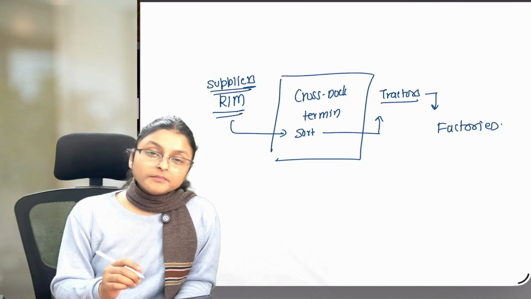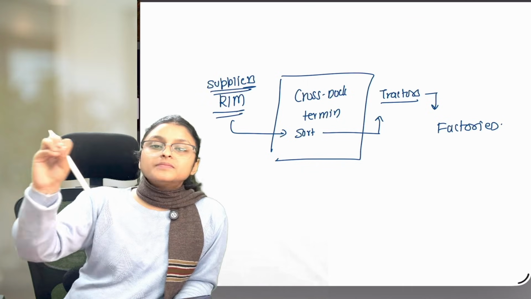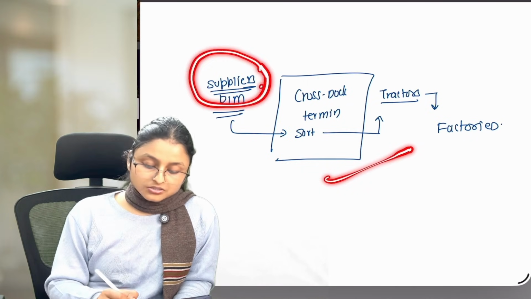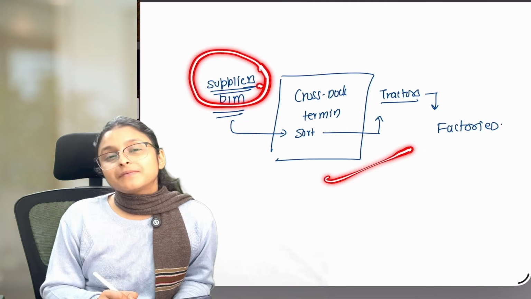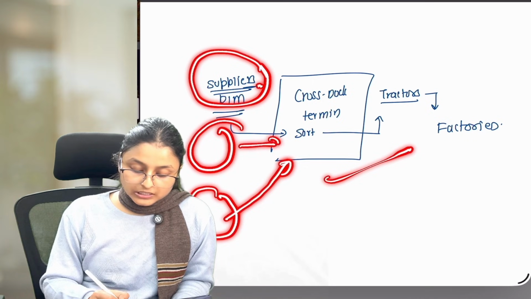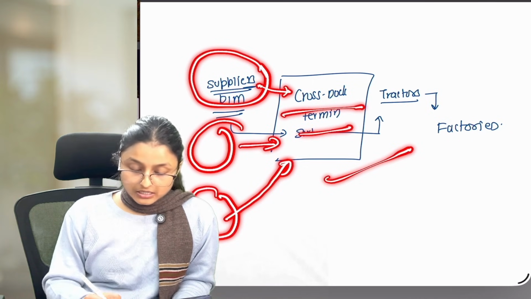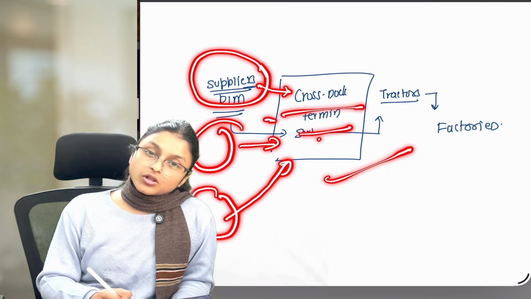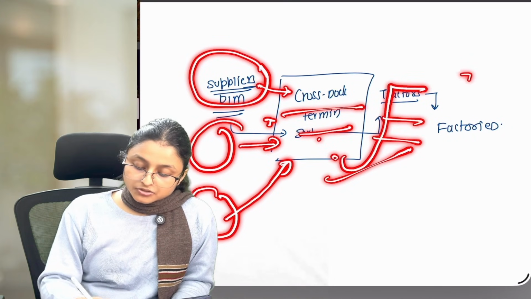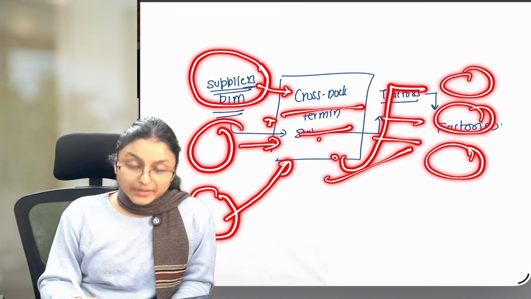So, to provide the raw material to the factories, they are using this system where the suppliers from whom we are buying the raw material, we are telling them to provide all the raw material in the cross-dock terminal. Now, cross-dock terminal will unload all the material, sort it out, and send it to different trucks so that different factories can get their supplies.